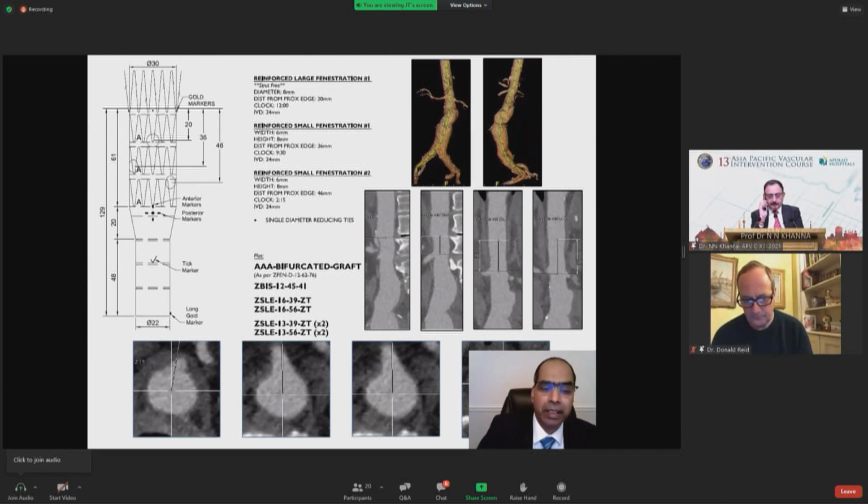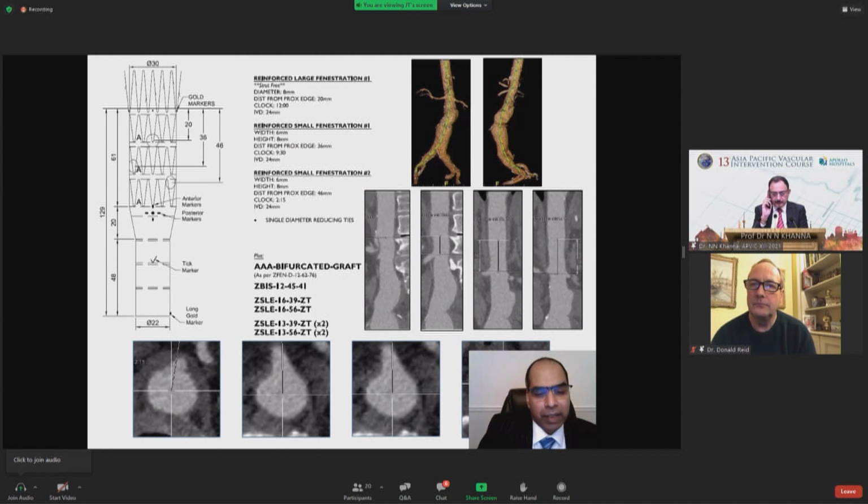And the manufacturing center sends engineering diagrams and CAD diagrams such as these with centerline reconstructions on 3D workstations, giving exactly the device dimensions and other ancillary and additional implants that you're going to receive.